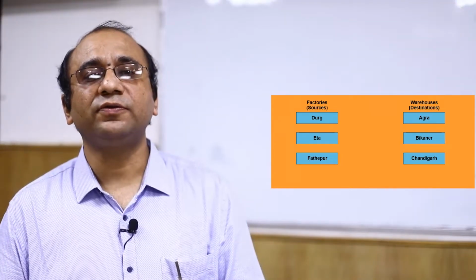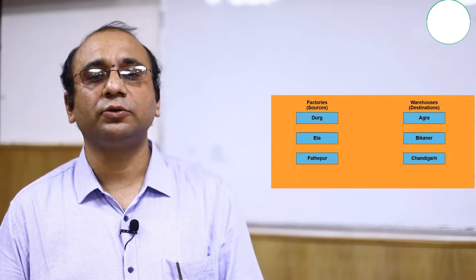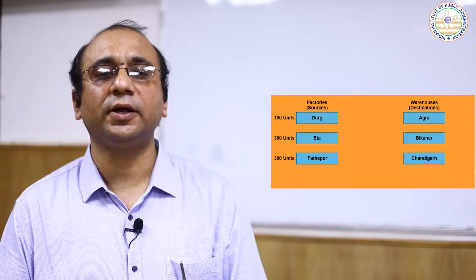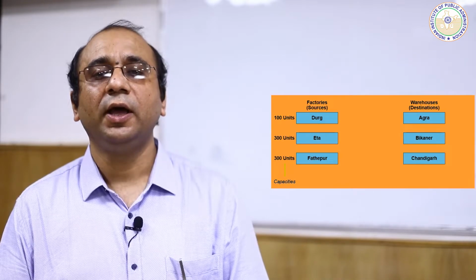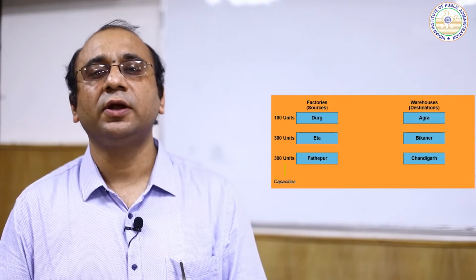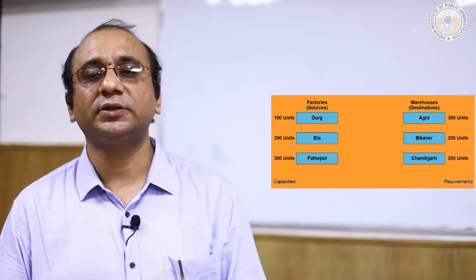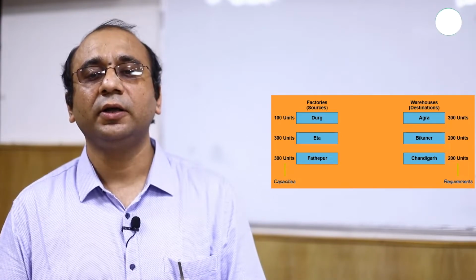The production capacity of the factories at Durg, Etah and Fatehpur are 100, 300 and 300 units respectively, and the demand at Agra, Bikaner and Chandigarh is 300, 200 and 200 respectively.